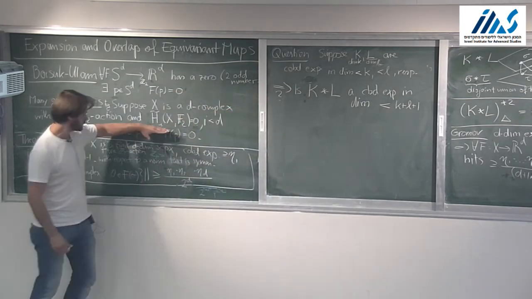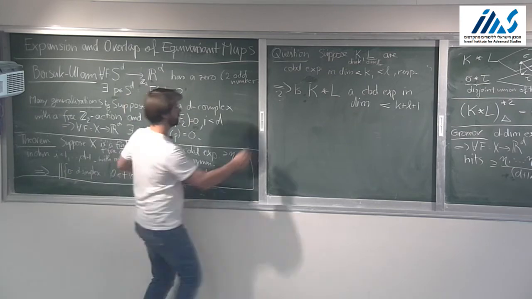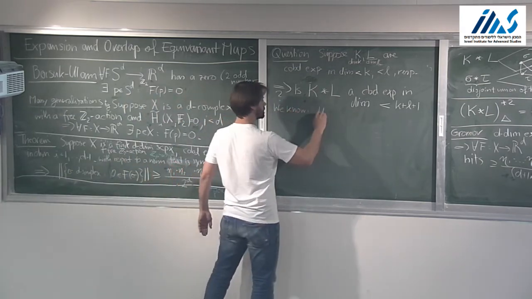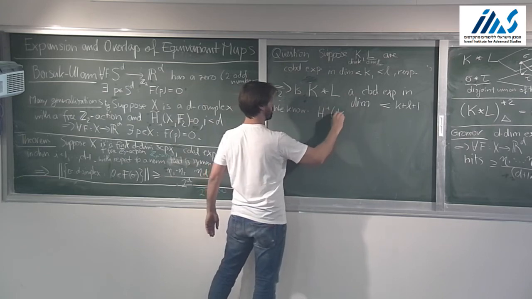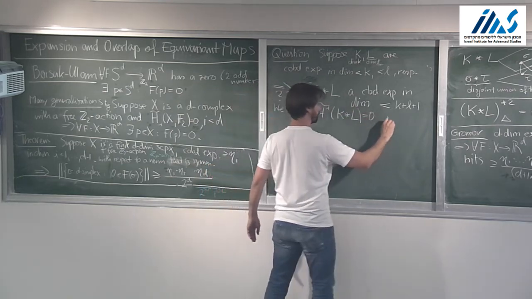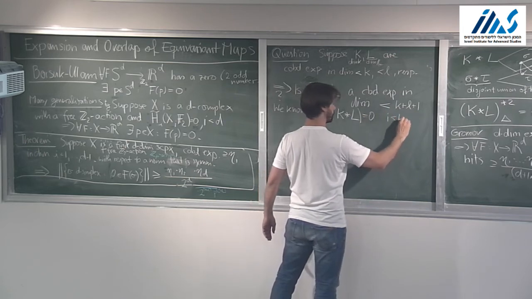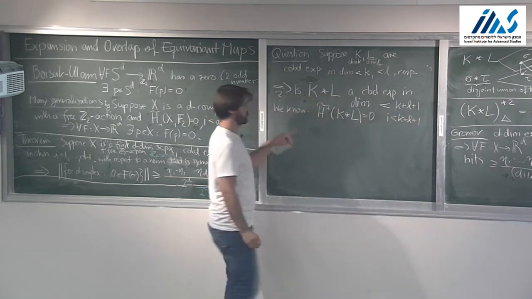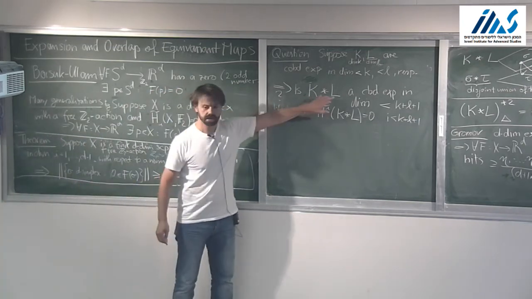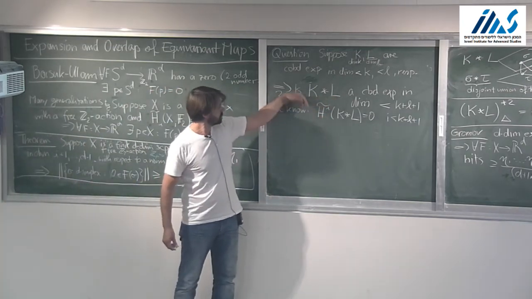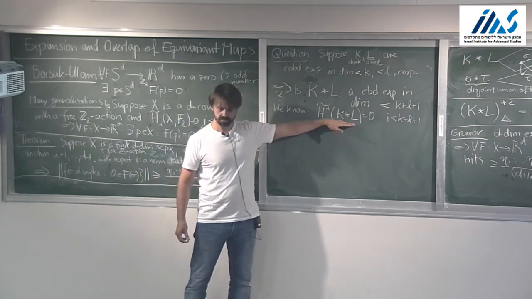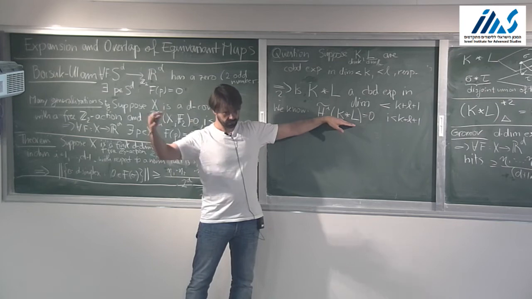So the qualitative statement is true. This is a classic fact that if you have complexes K and L whose homology up to, say, the top vanishes, then the homology of the join also vanishes up to the top dimension.